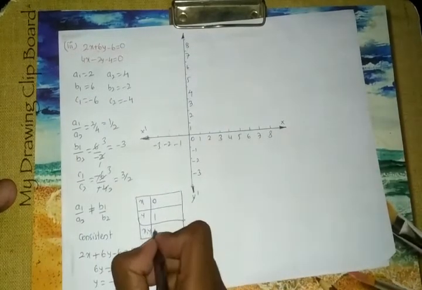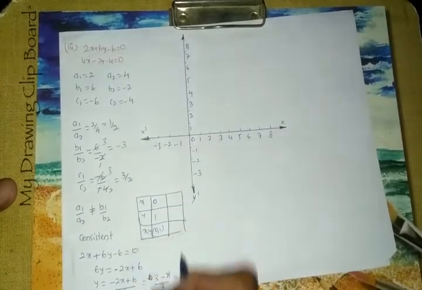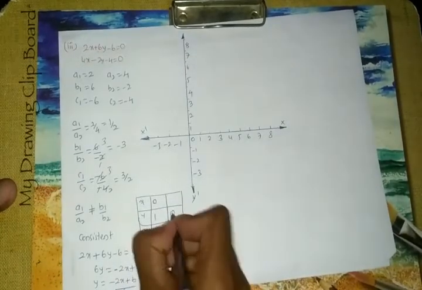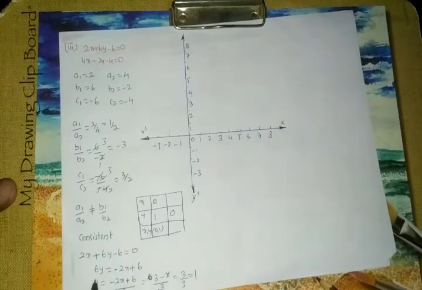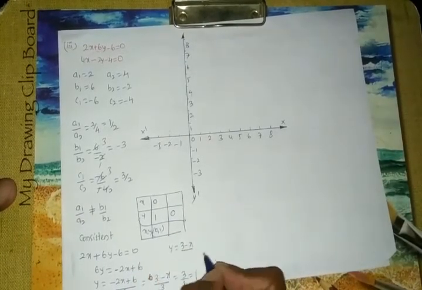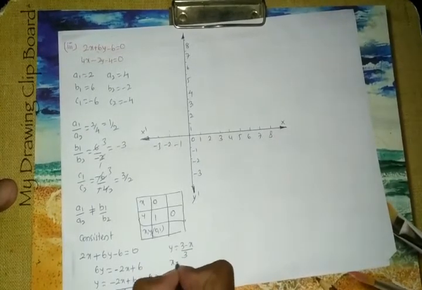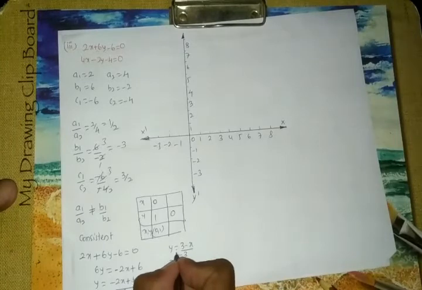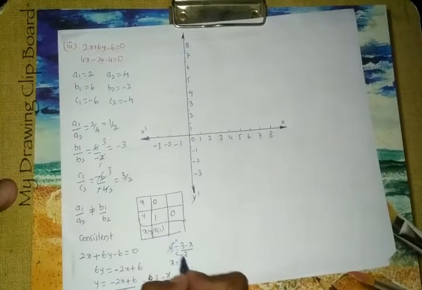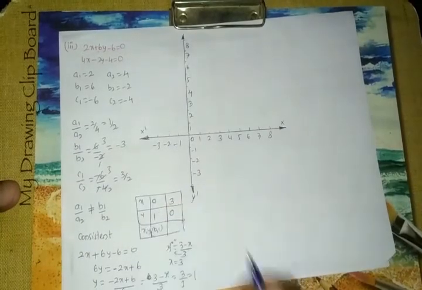So I get 0 comma 1. When y is 0, y equals (3 minus x) by 3, so I get the value of x as 3.